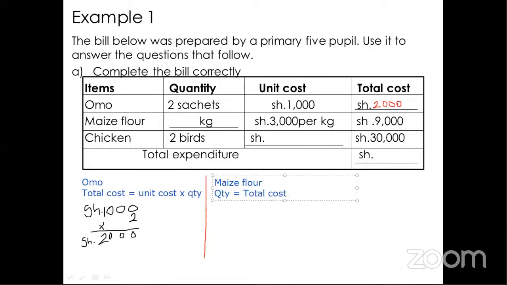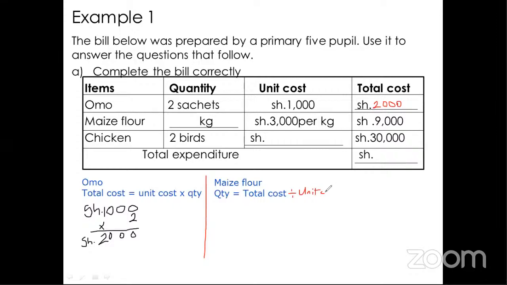Total cost divided by. Are you getting that? It is total cost divided by. So here you come and write your divide. You can use this, or it can be out of. Divide by unit cost.